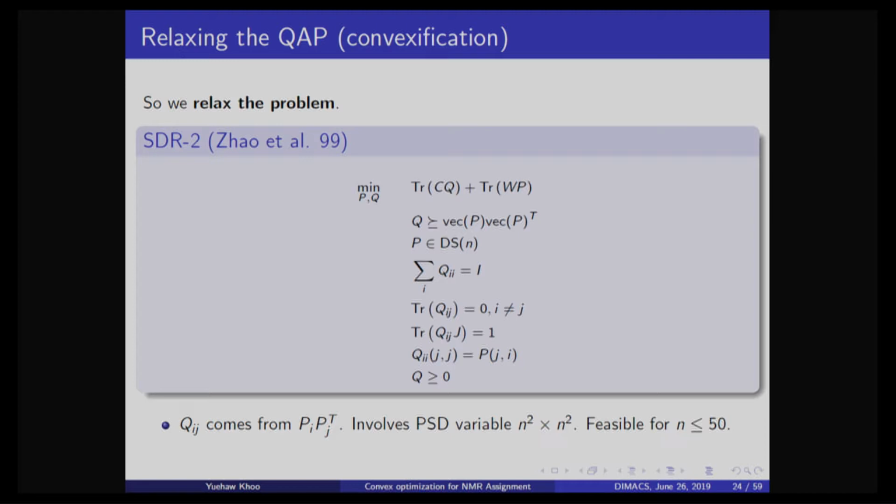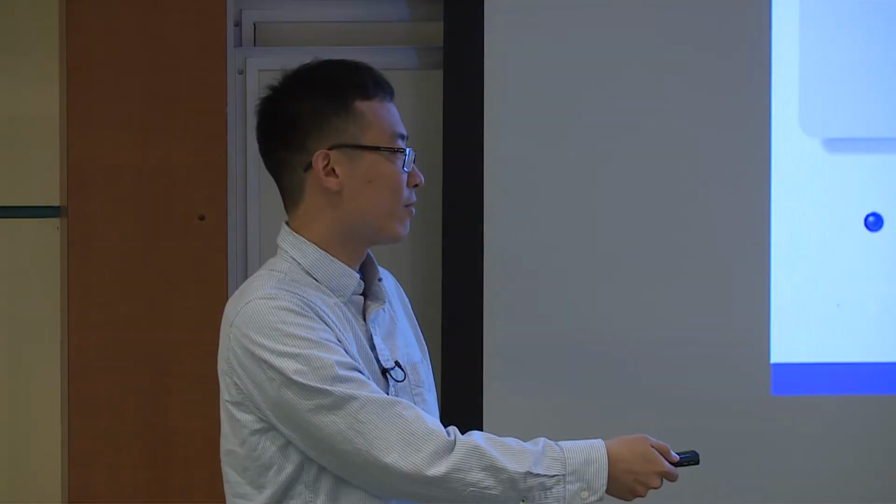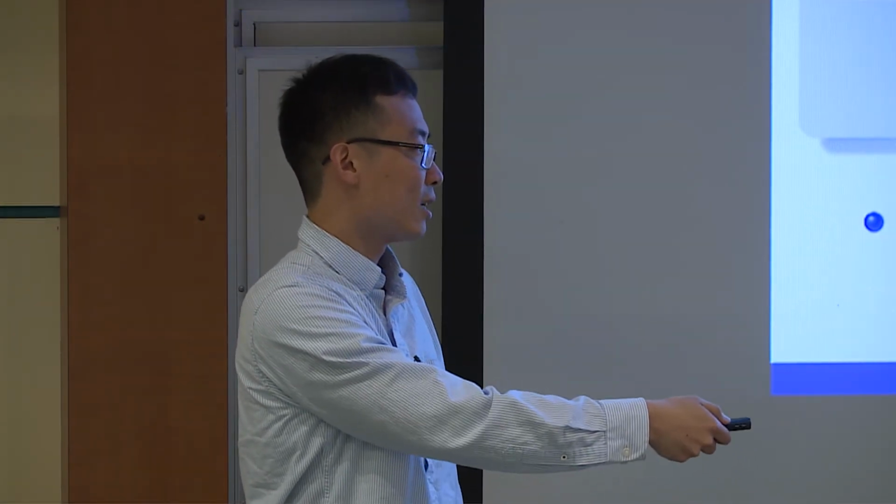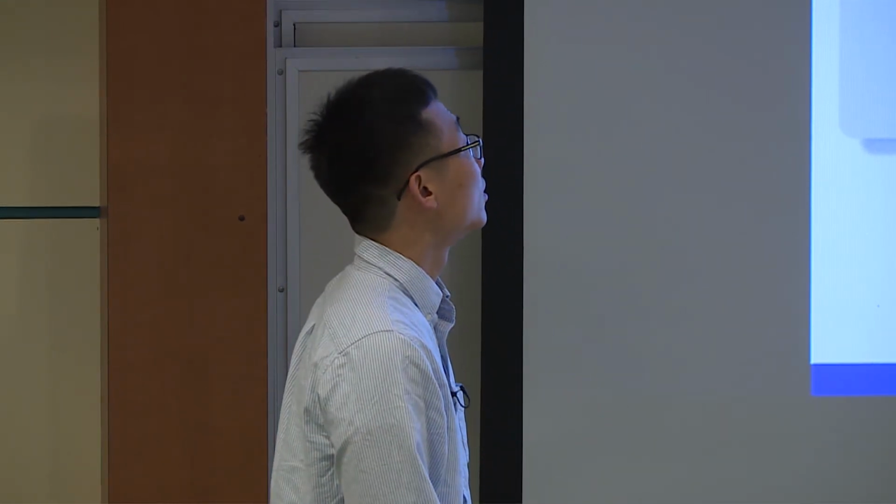This is a very tight convex relaxation. However, we can only solve it up to size n equals 50, even with some homemade solver. But a typical protein has at least 100 to 200 residues.